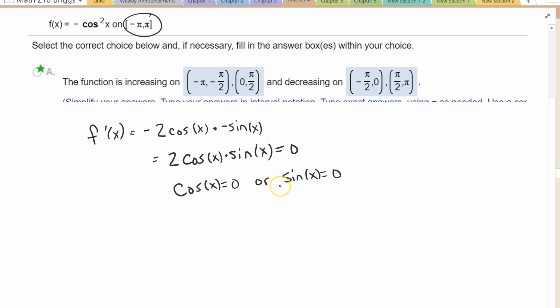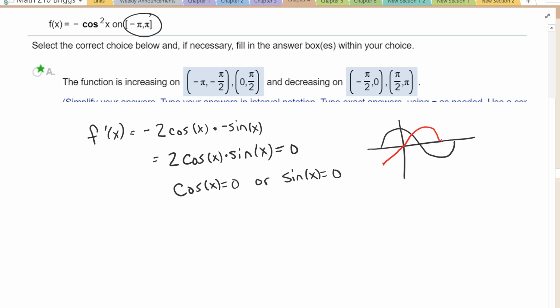There's a few different ways to do this. You could graph the function. You could graph it from minus pi to pi. Let's say I graphed cosine, and I could graph sine here.